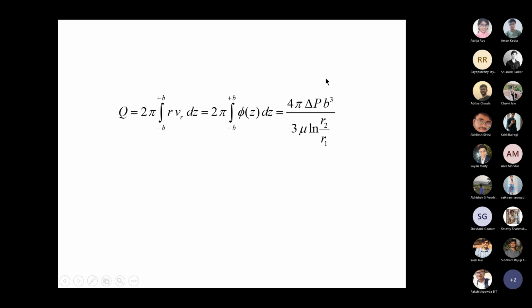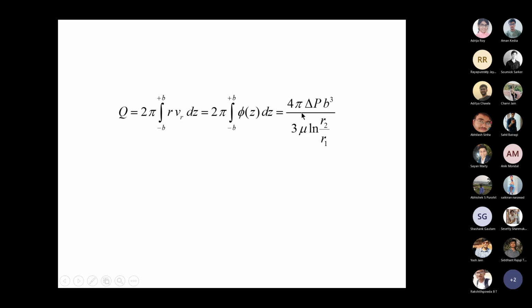You would get this expression for the total flow rate of the liquid through the space between two disks when we apply a delta P. This is also the working principle of some of the viscometers used to measure the viscosity of very highly viscous fluids, because in high viscosity fluids the momentum transport is principally due to conductive, molecular momentum transport, and not convective momentum transport.